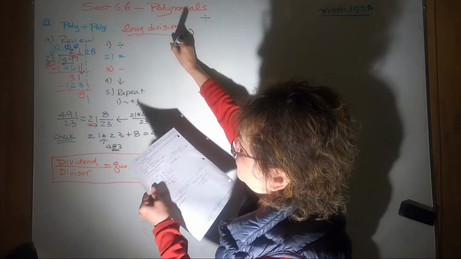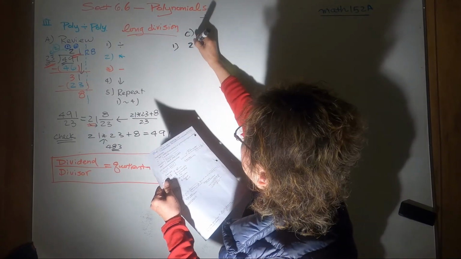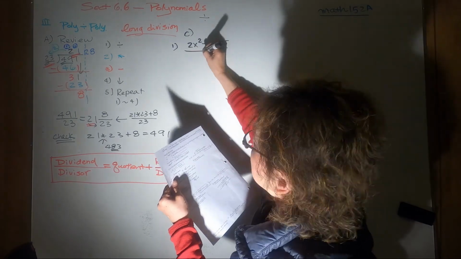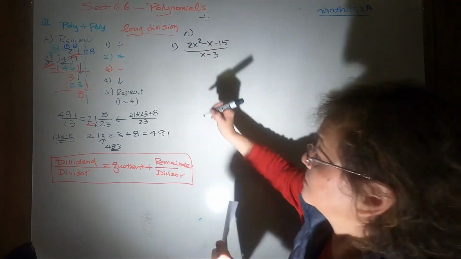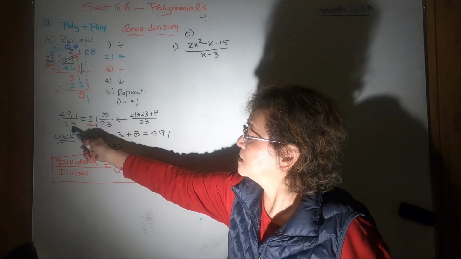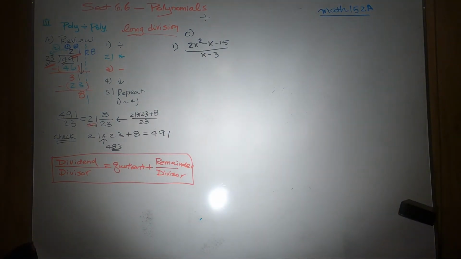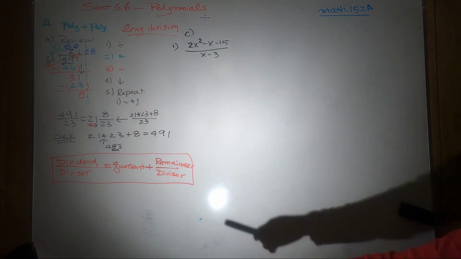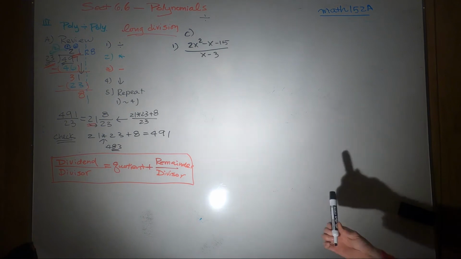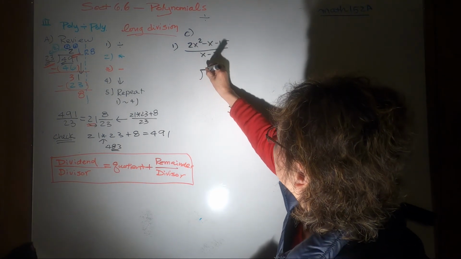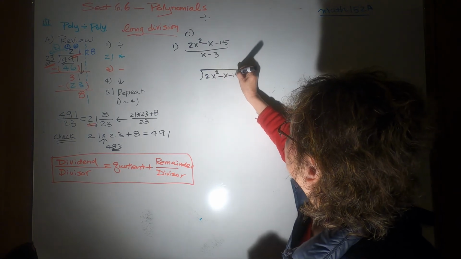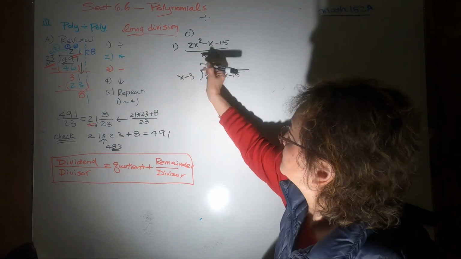First one, if we do 2x squared minus x minus 15 divided by x minus 3, just like this. But we have to write it in vertical form to be able to divide. So you will do it like this: 2x squared minus x minus 15, divided by x minus 3.